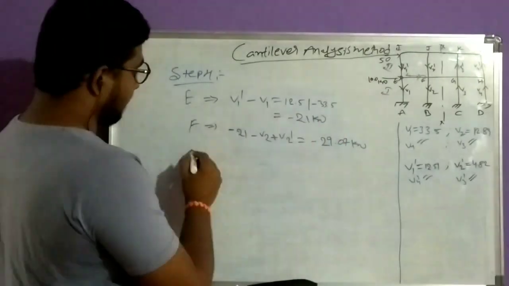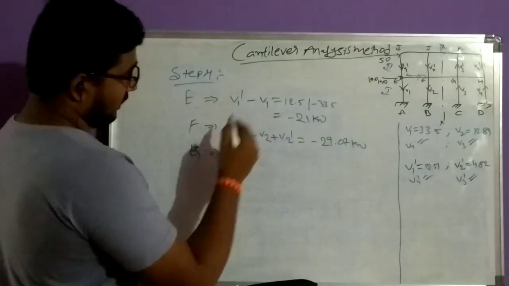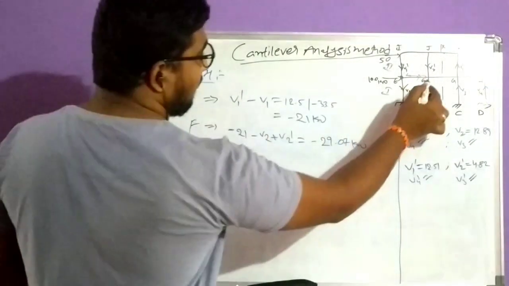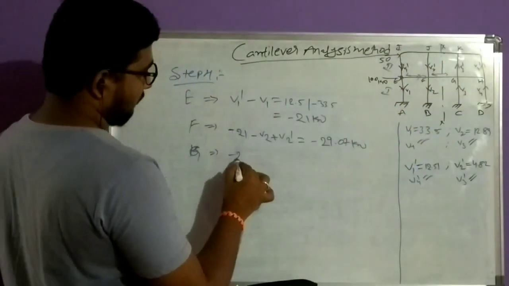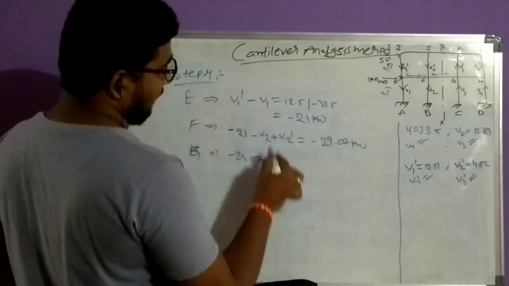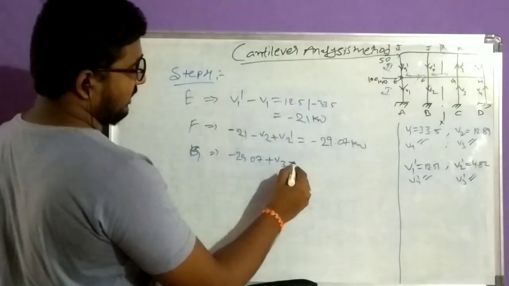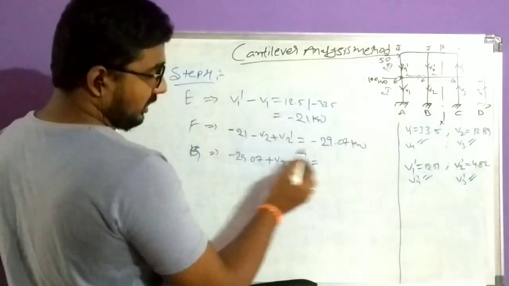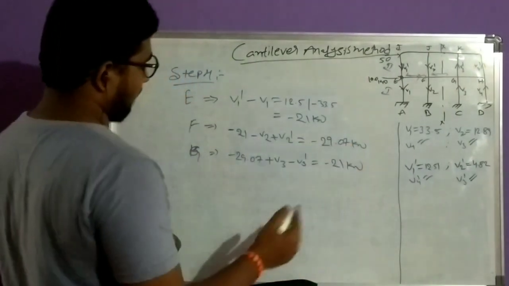And next I'm considering the junction G. This 29.07 is going to act on the other end also. So minus 29.07 here plus V3. Why? Because V3 is the upward force coming towards the junction G, minus V3 dash. Here we will get the value of minus 21 kilonewtons.